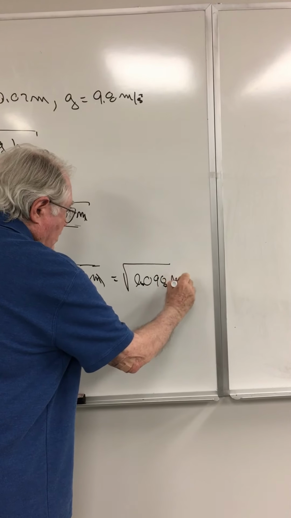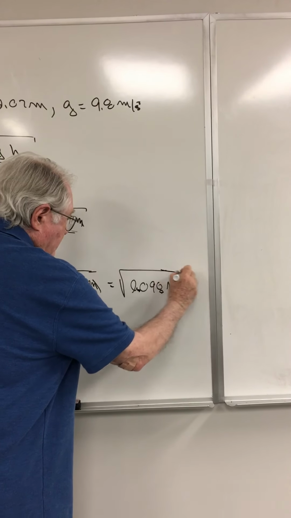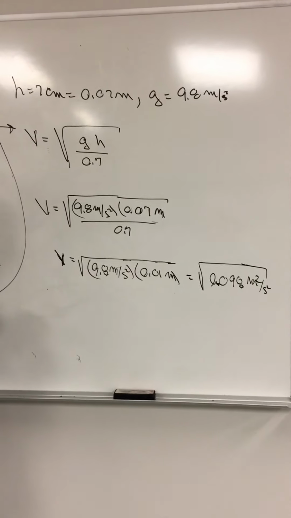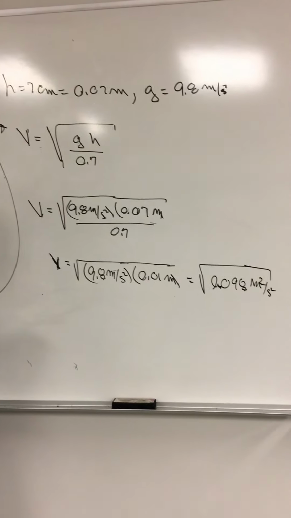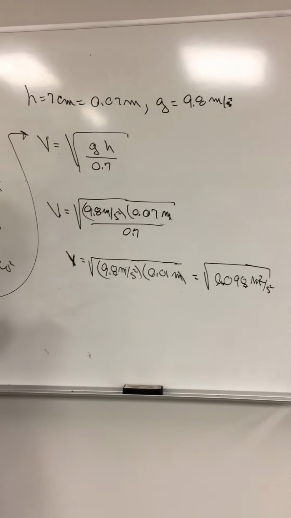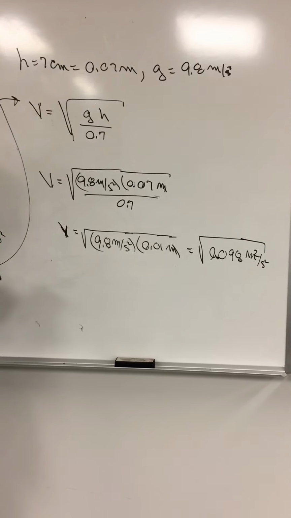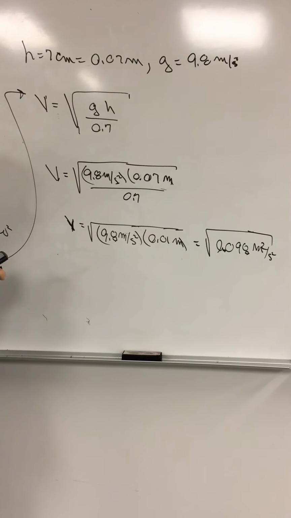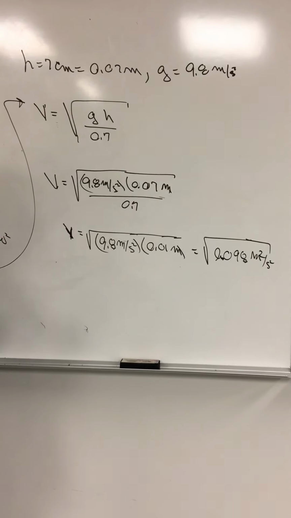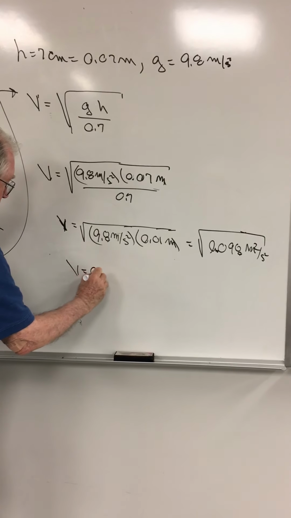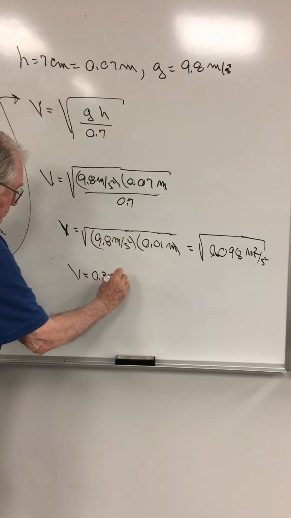And that's meters squared per second squared. Now I have to take the square root of 0.98, which comes out to be about 0.99 meters per second.